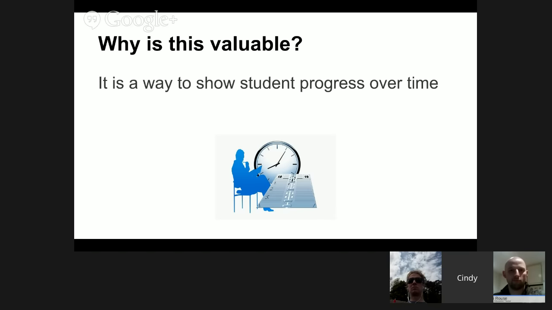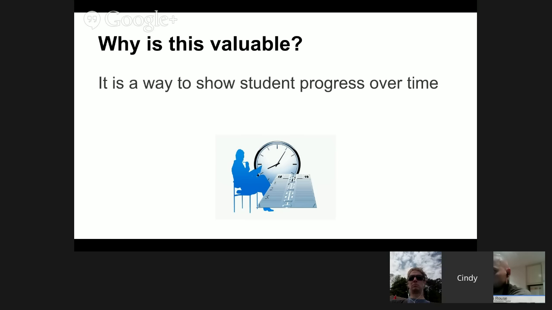So again, I think at the end, when we sat down, the high school teacher and myself, we really started talking about why this is valuable. We felt that the main component that we saw that was different from before was that it gave evidence to the teacher of progress over time.